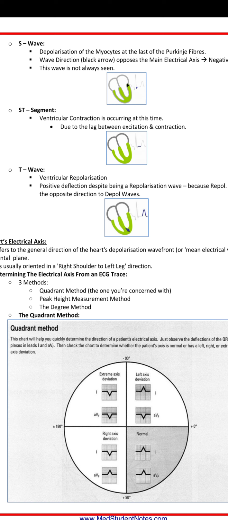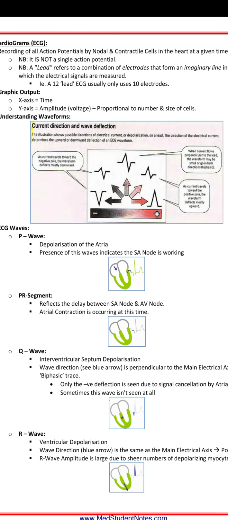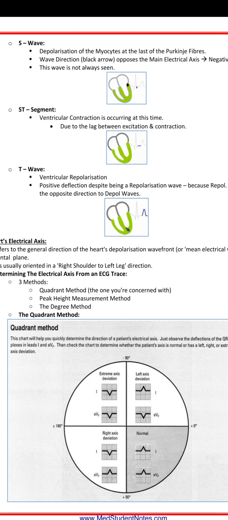Before this there was ventricular depolarization in the R wave, and in this ST segment there is ventricular contraction. So ventricular contraction is reflected in the ST segment. Due to the lag between excitation and contraction, there is no electrical activity, so there is only a line.